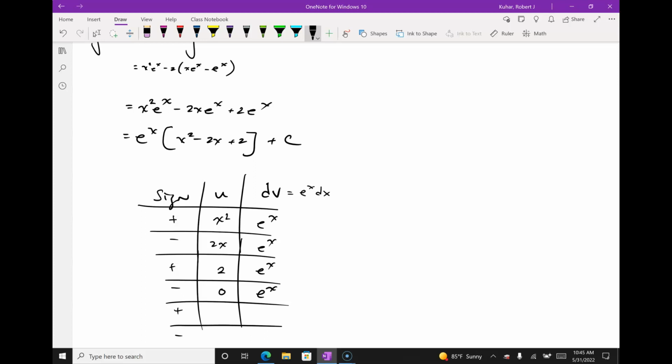Obviously, we don't need this last line, right? Because 0 times anything is gone. And you can see the factor of e to the x there. And you can see my polynomial, x squared minus 2x plus 2. Yeah, you with me?